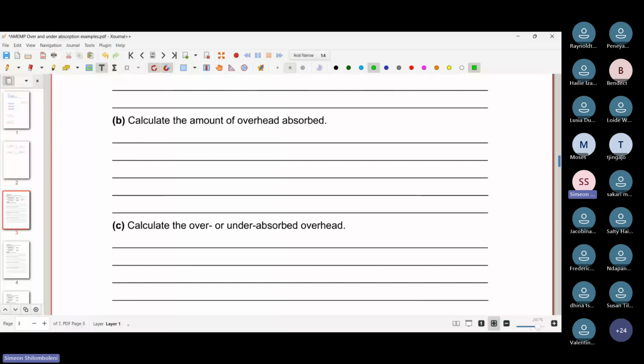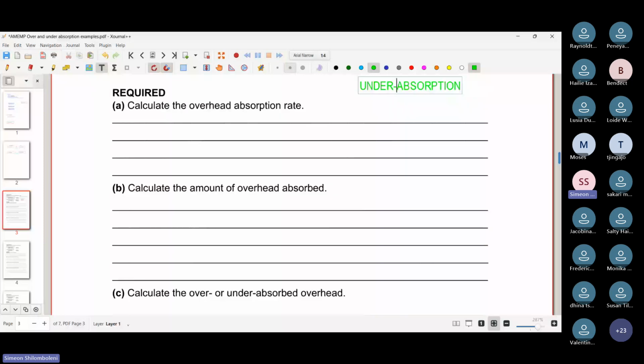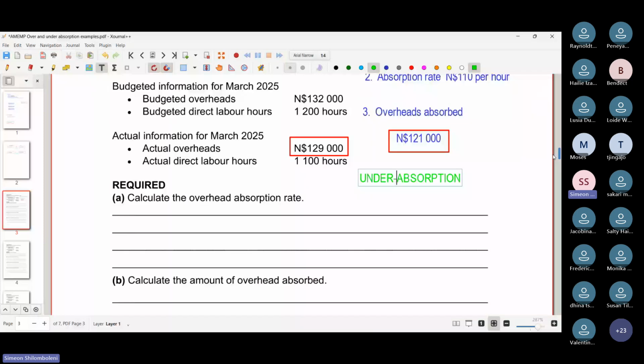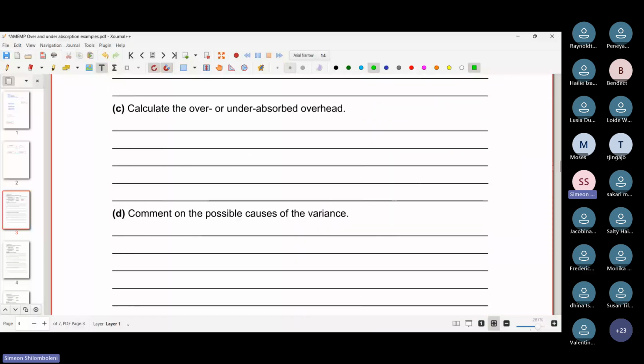Calculate and comment on the absorption using the above information. That means you must do A, B, C, and D yourself. Now, the number of marks that are there, if they say analyze, then it means you must also comment. If they only say calculate, then you are only going to end at C. But if they say calculate and comment, or calculate and analyze, or if they just say analyze, then it means you must also give the comments.